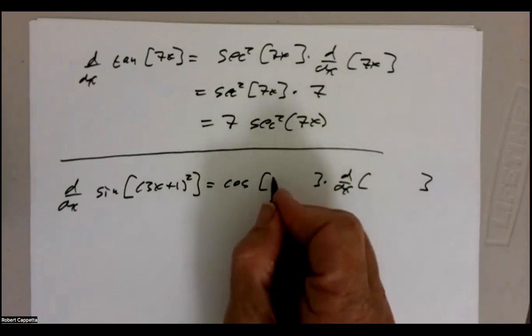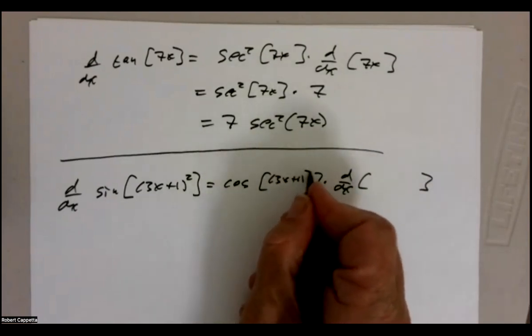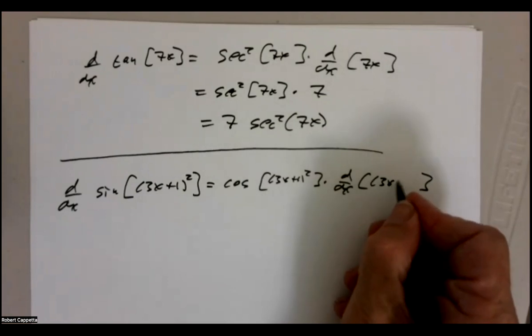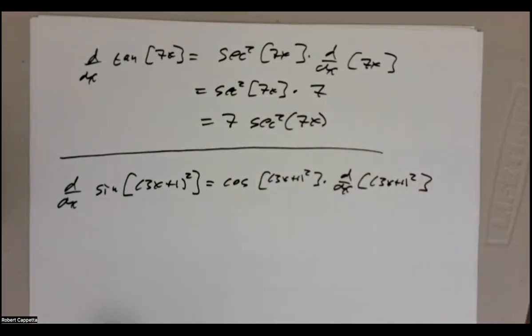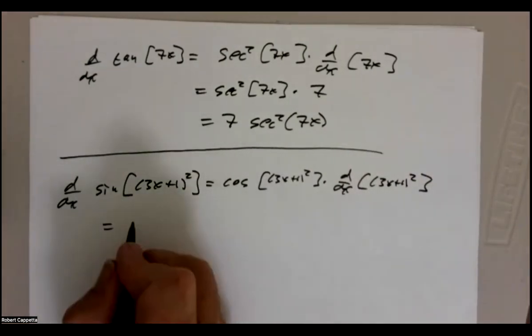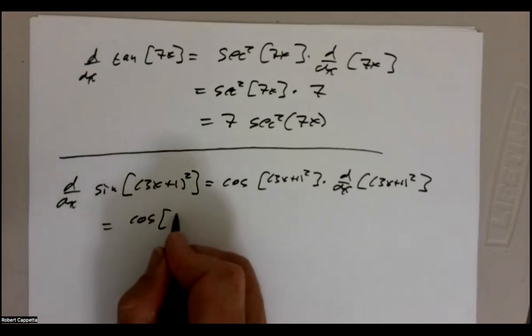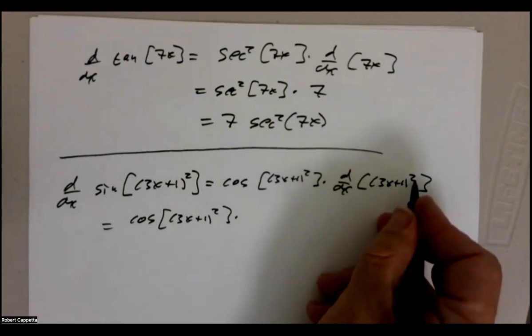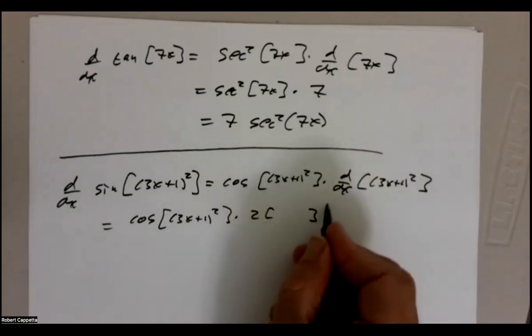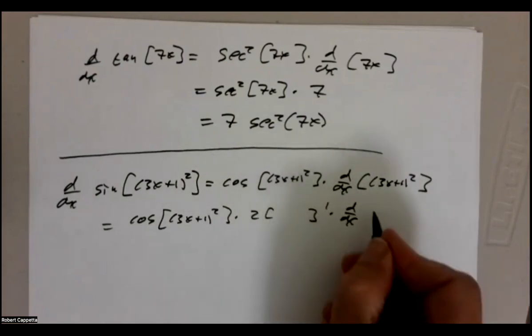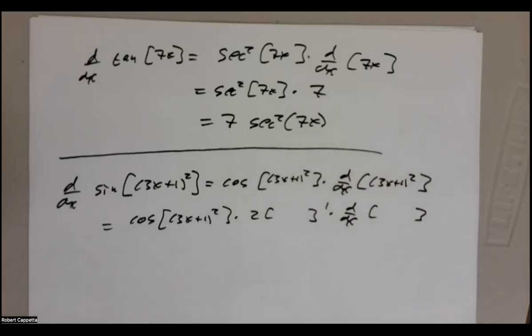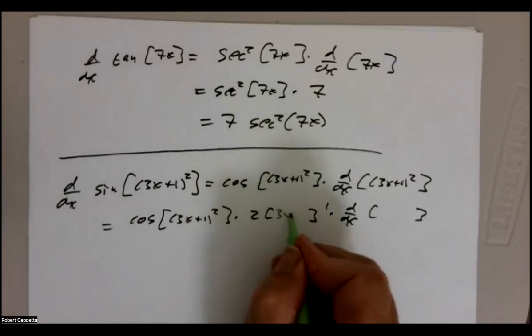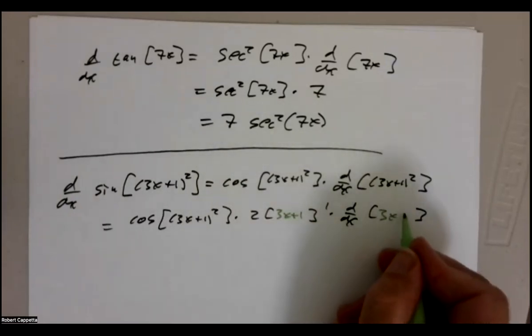Okay, so it's the cosine of 3x plus 1 squared times the derivative of 3x plus 1 squared. What's the derivative of something squared? 2 times something to the 1st times the derivative of the something. So that's 2 times 3x plus 1 to the 1st times the derivative of 3x plus 1.